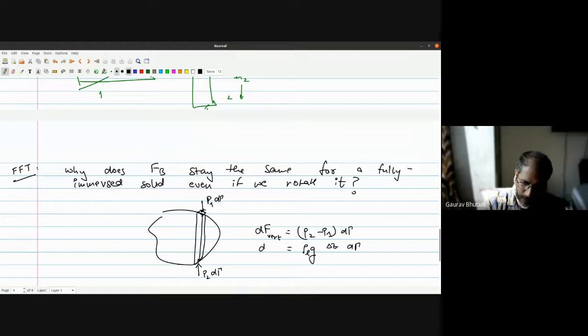This is your df vertical, and you have to integrate it over the complete body. The total force in the vertical direction is the integral of df vertical, which is rho liquid times g times the integral of delta z over d gamma. Here d gamma was this top area and delta z is the length, so that gives you some dV, and when you integrate, you get the volume of the complete solid body.